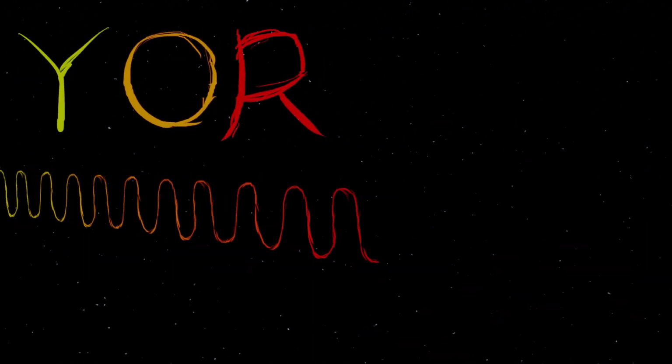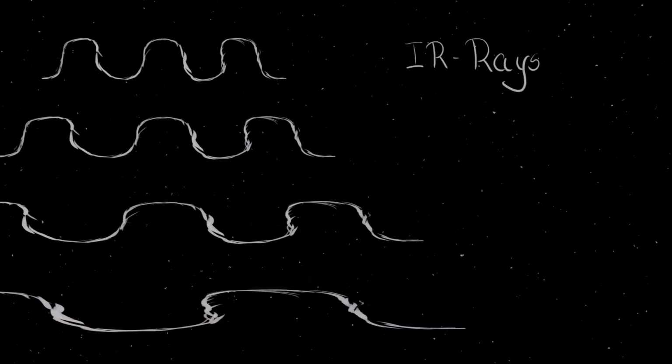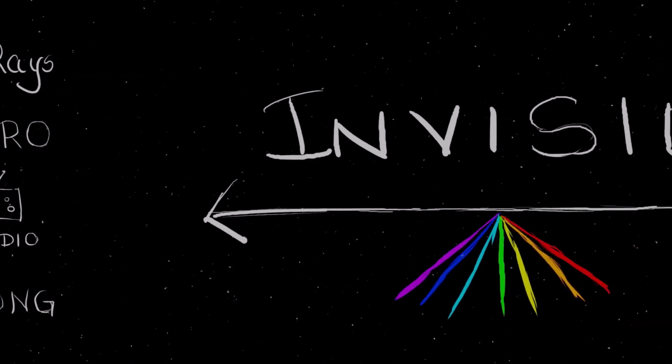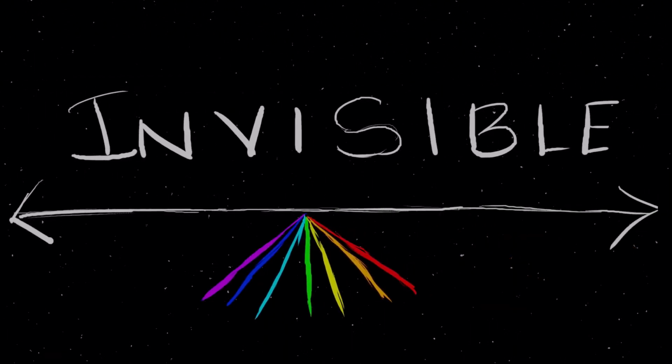Then we have longer wavelengths such as infrared waves, microwaves, radio waves, and long waves. This means that the light we see is only a small portion of the entire spectrum of different possible colors there potentially is for us to see.